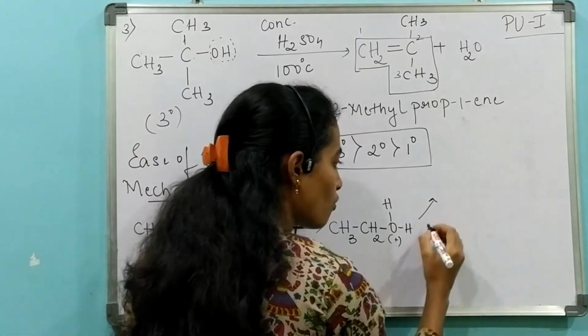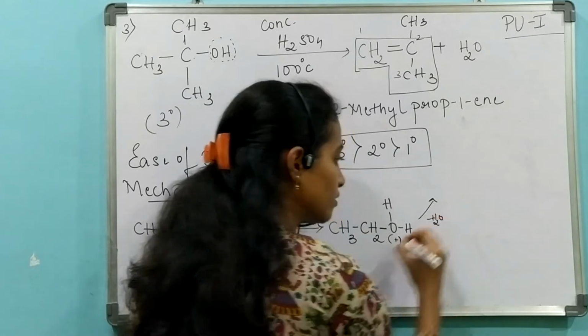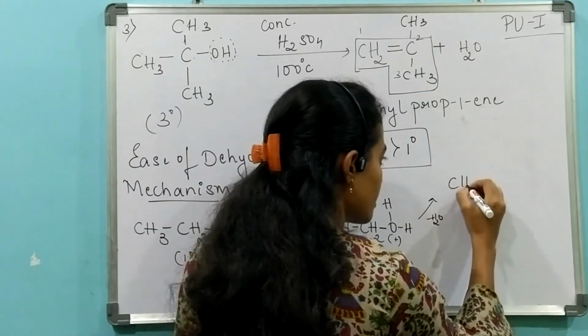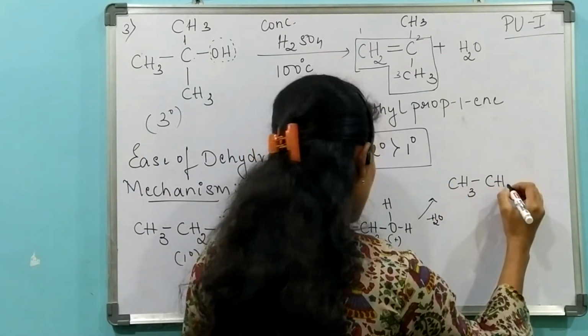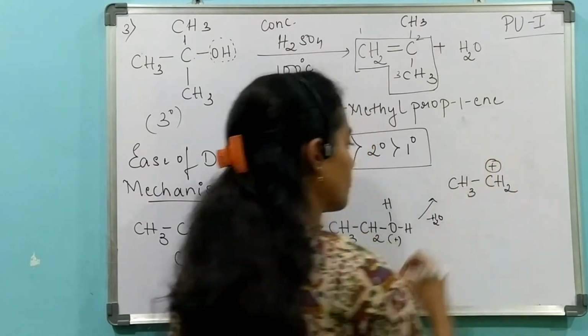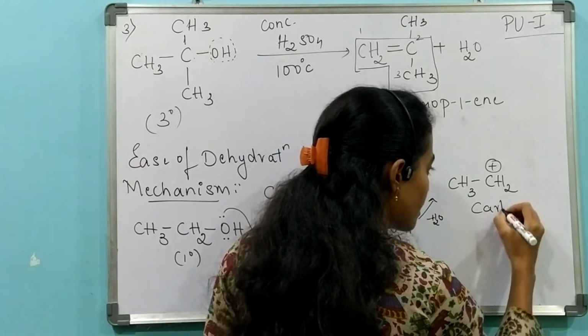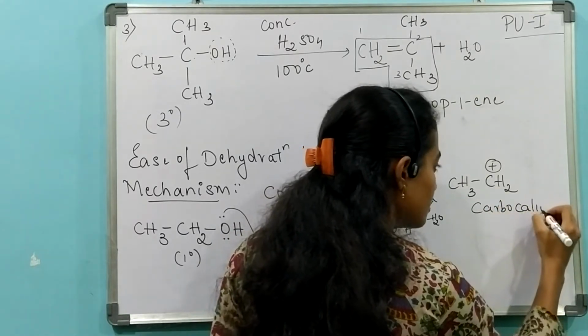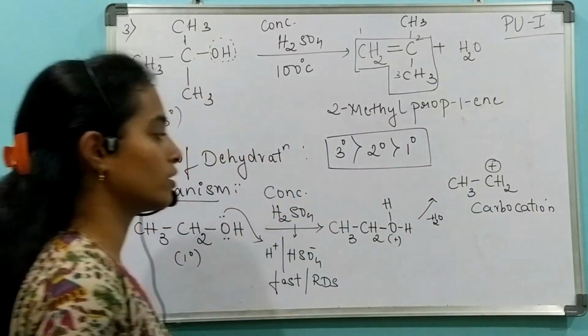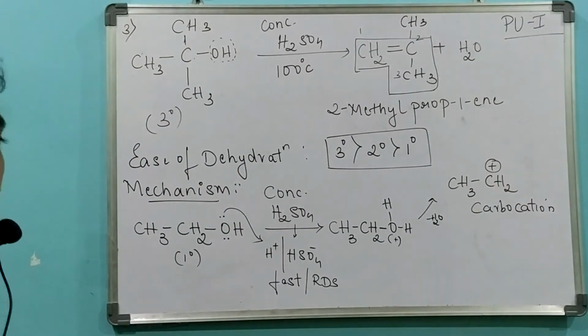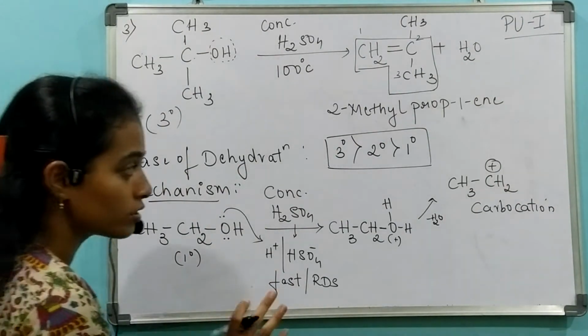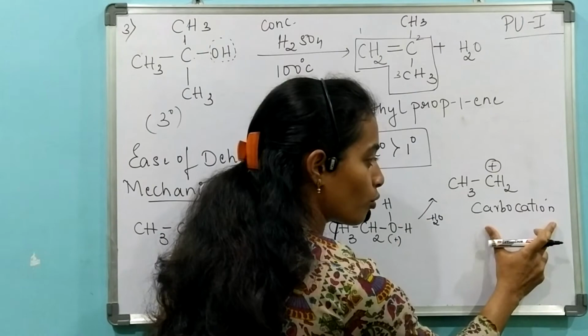So removal of the water molecule takes place here, and you will be getting CH3CH2+. What did you form here? You have got the carbocation. The intermediate of this elimination reaction is the carbocation, and the rate of reaction depends on the stability of the carbocation.